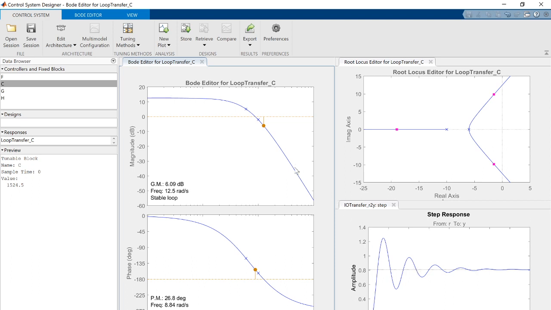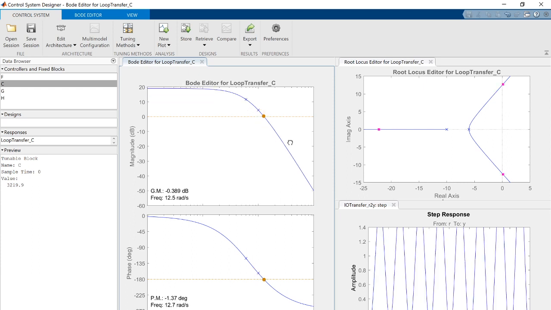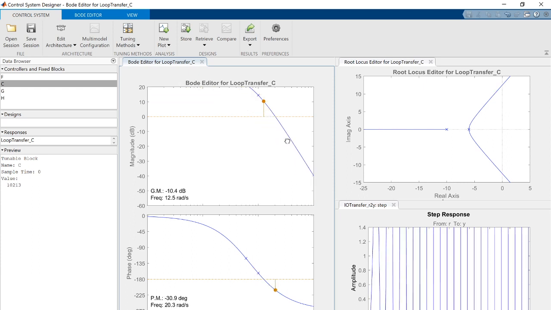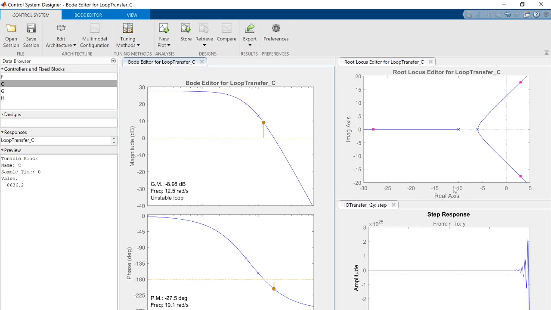Now, if I continue to increase the gain on this, we can take it up into this region. And what we'll find is that by increasing that gain, we've driven it unstable, and we end up with a negative gain margin and a negative phase margin.